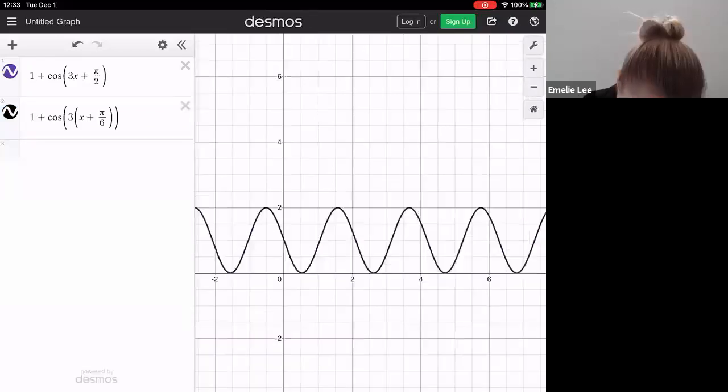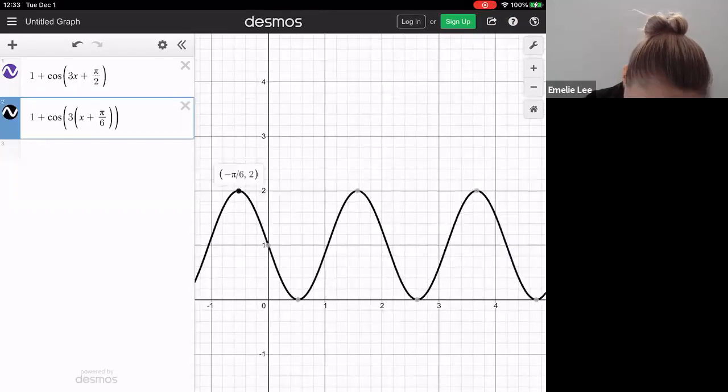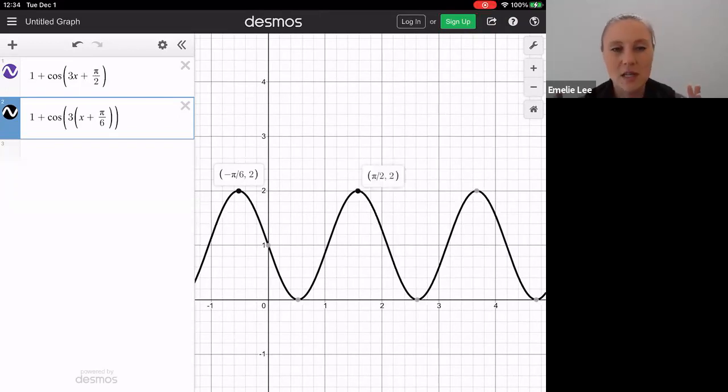And let's just see here. So starting up here, just like we thought, negative pi over 6, and then it's going to take a distance of, what was our period? 2 pi over 3. Negative pi over 6 plus 2 pi over 3, you would end up at pi over 2. Right, and so like we said, it's going to trace down here.